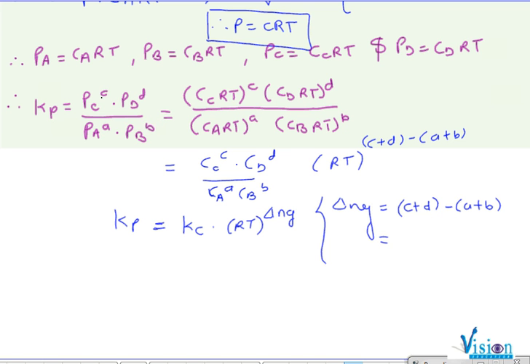Actually c plus d, they are the moles of product, c and d, and a and b are moles of reactant, or rather say gaseous moles of product minus gaseous moles of reactant.